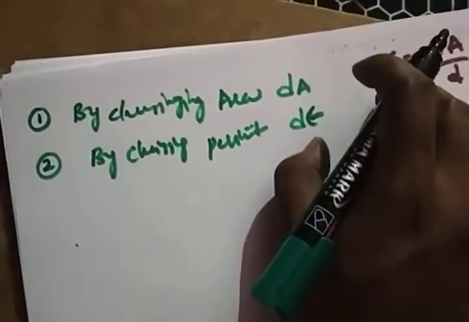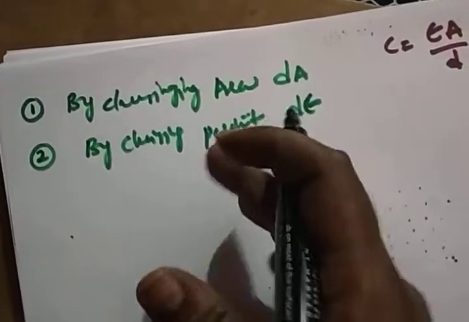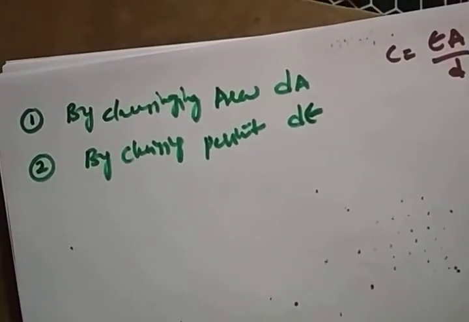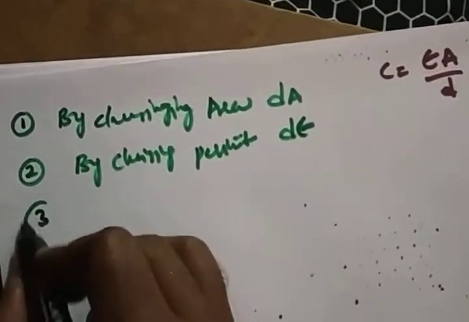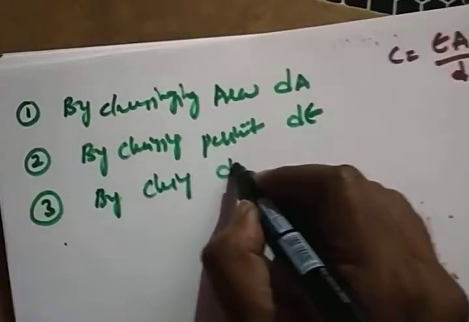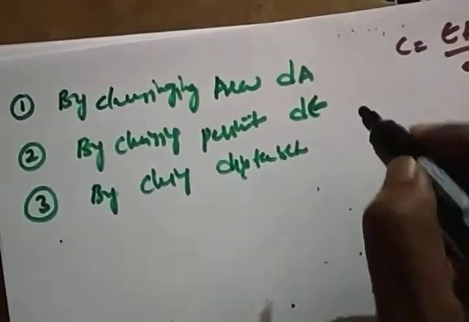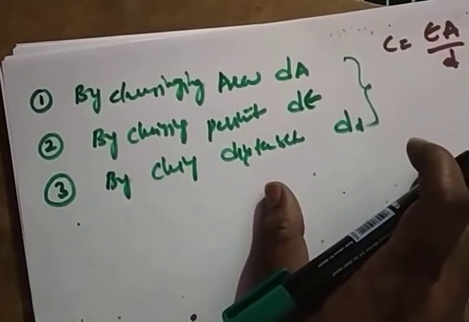If the capacitance changes, you can measure it in terms of voltage, and then you directly get the non-electrical quantity converted to an electrical quantity. Third, by changing the distance between the plates, that is dD, your capacitance also changes. So these are the three variations to get capacitance changes.